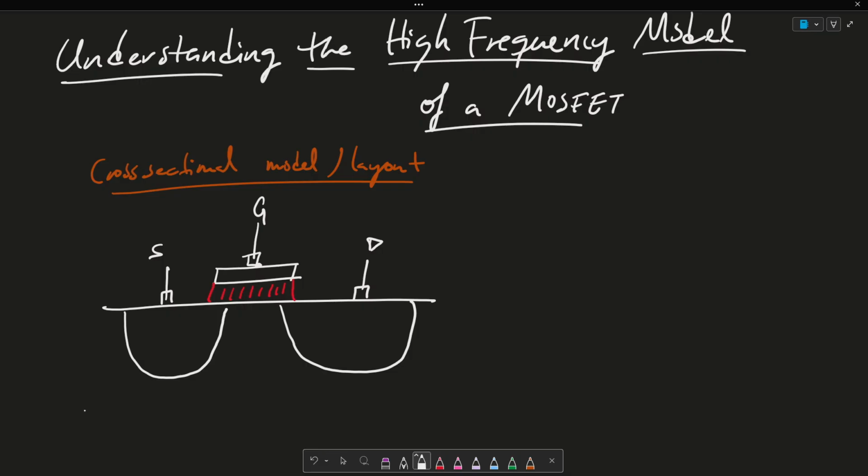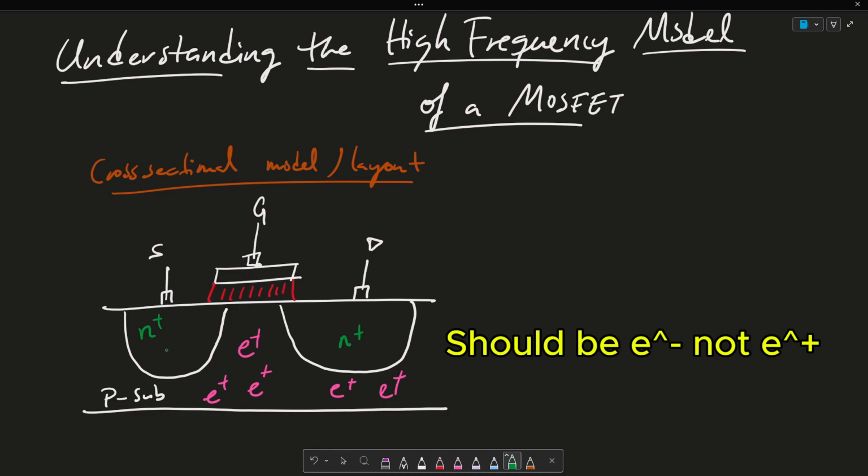And then these wells are built up on top of a P substrate, where these are lightly doped with electrons, or they have free holes. And this is my N channel, so N plus, N plus. And these are heavily doped with electrons.